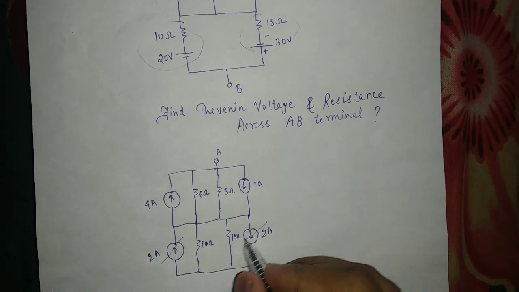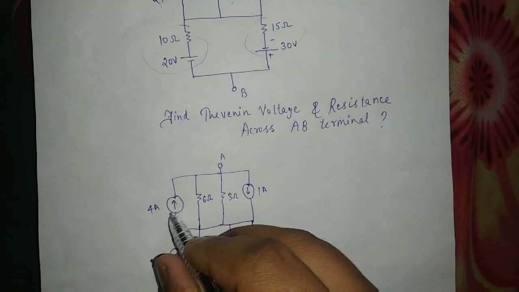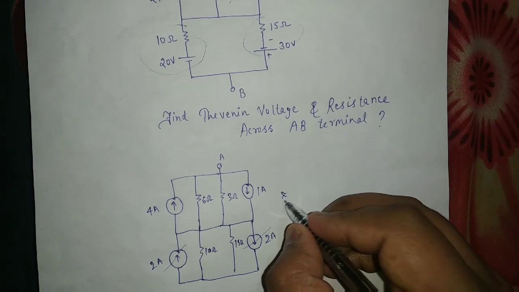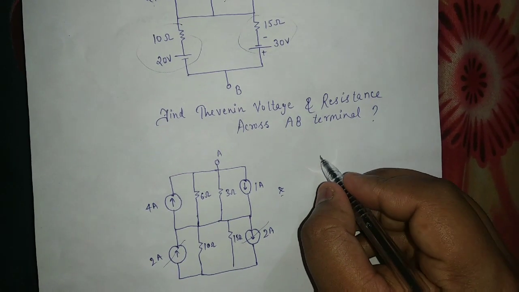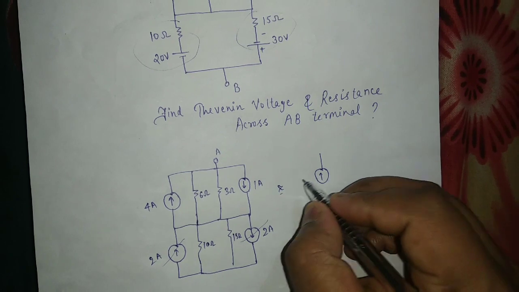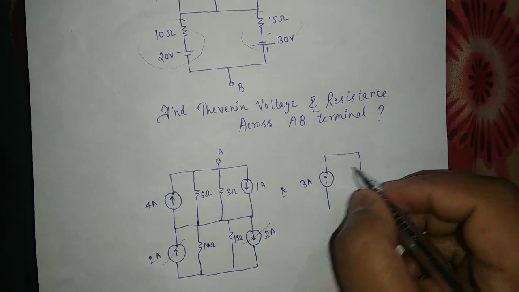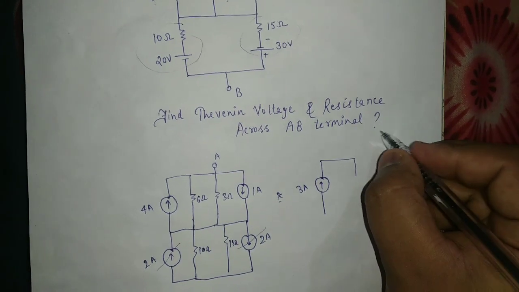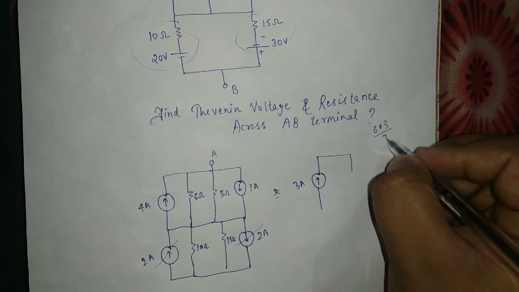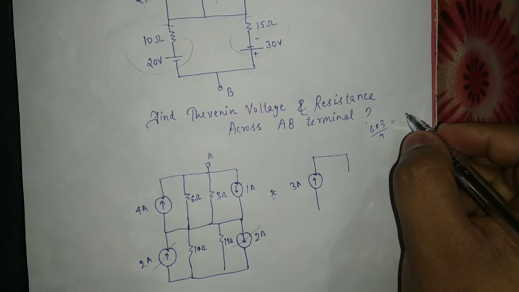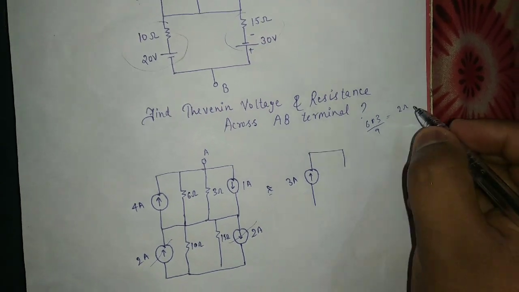So this is cancelled, okay? And here what will become: 3 ampere in upward direction, so it is 3 ampere, and 3 parallel with 6 is 6 into 3 divided by 9, so it will be 2 ohm.